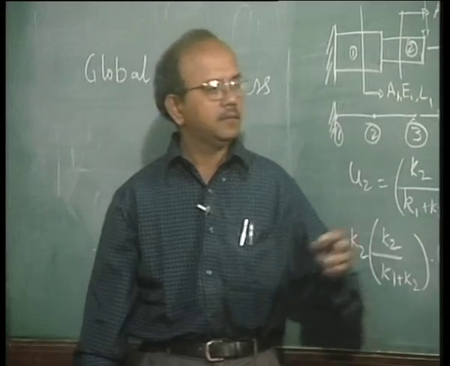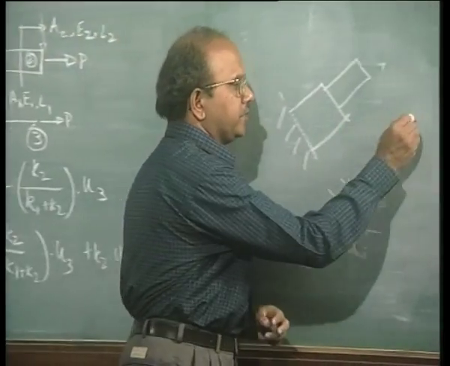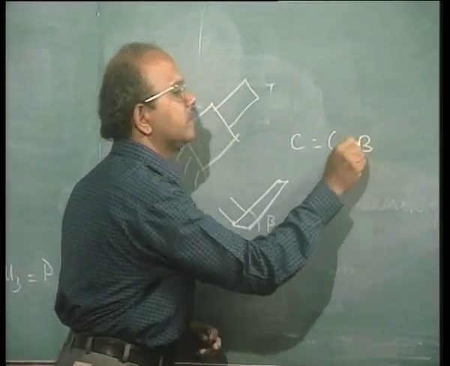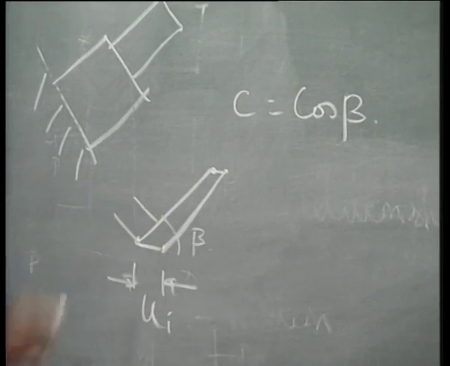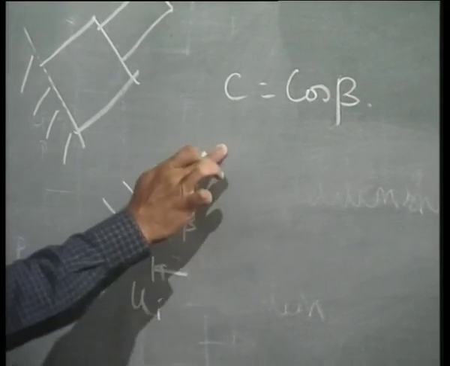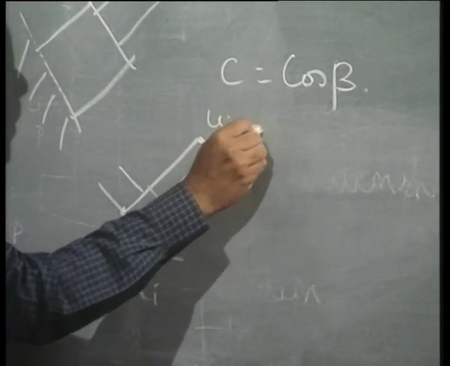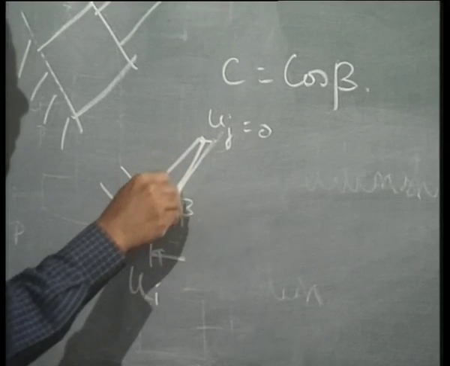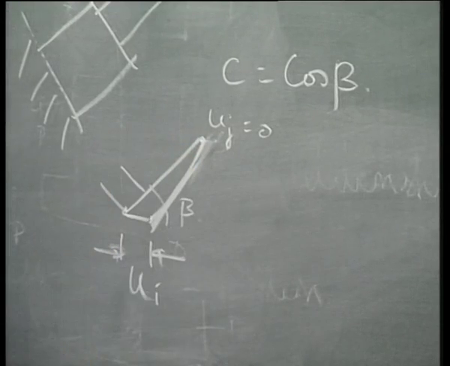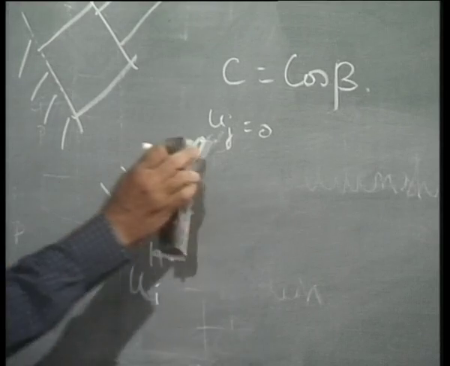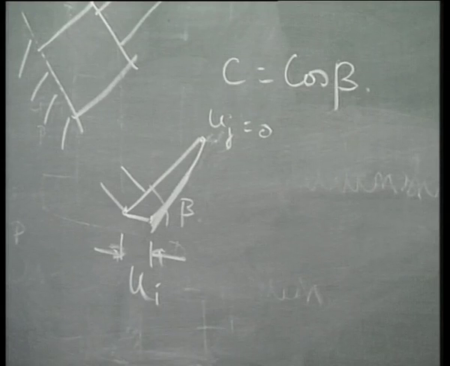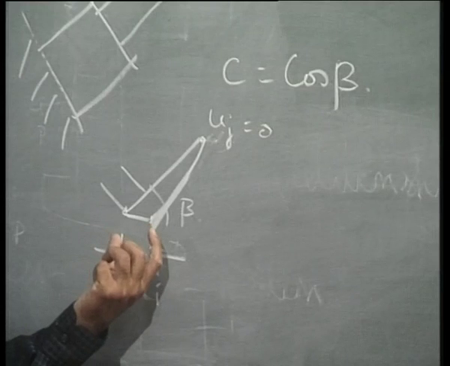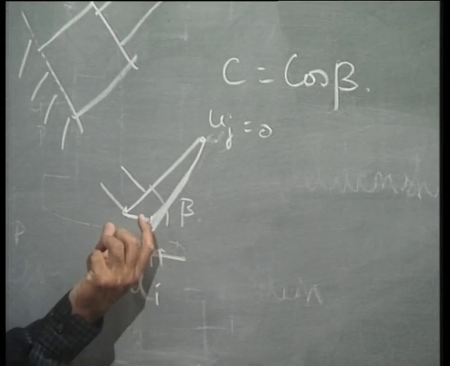and if let me define C is equal to, say, cos beta, then if this is going to be ui, then this shortening, keeping, say, for example, let's say uj is equal to 0, so that things become easier to understand. Then this shortening of length happens to be what?